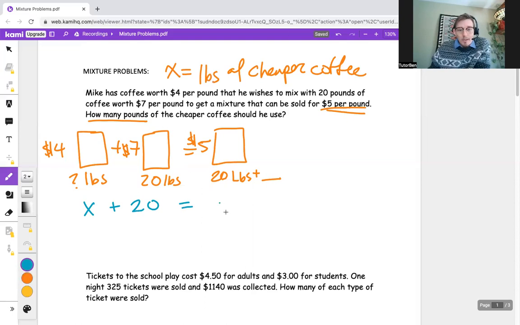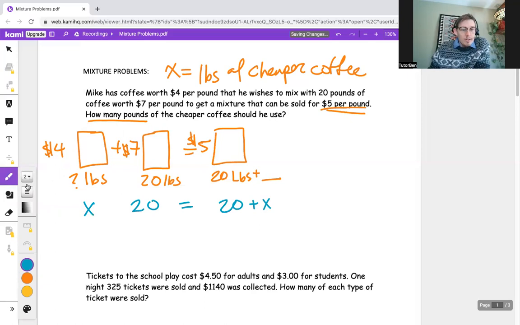The total blend is also just 20 plus x. We need to add some more information here, which is going to be the price. Right now, this equation is talking about pounds, but I'm going to add some values so that we are instead talking about price.